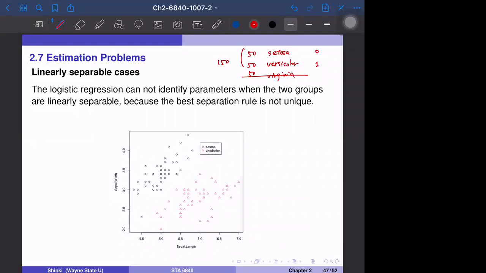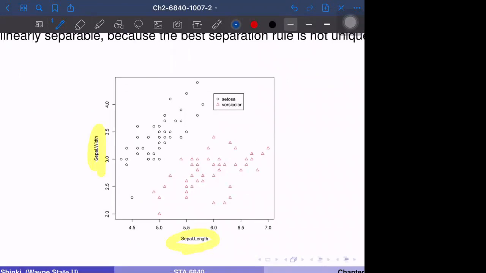And if we look at sepal length and sepal width, these 2 groups are separable, in the sense that one straight line perfectly separates them into 2 groups. And actually, there are multiple possible lines to separate them.